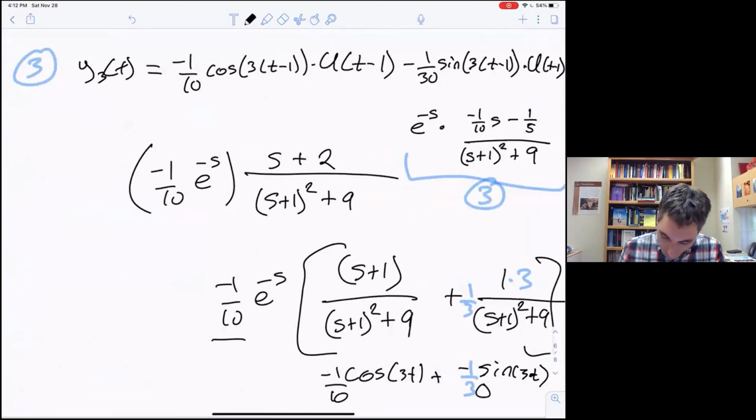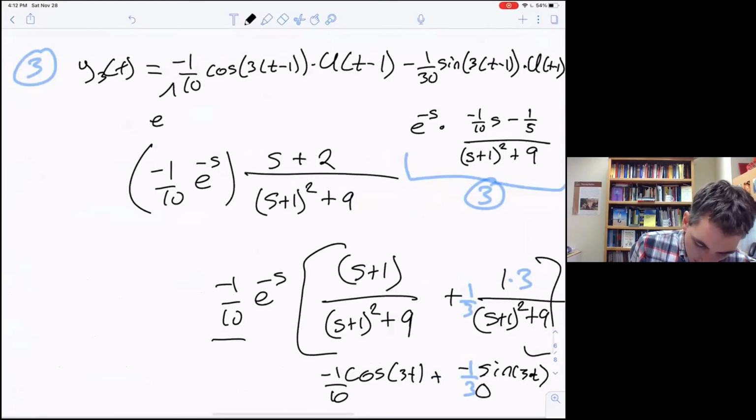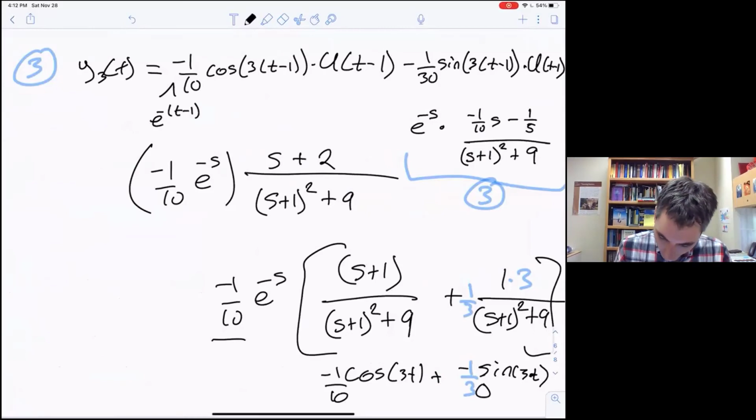Yes. Oh, I forgot. So when you have s plus 1, that's telling you it's e to the minus t. So all of this needs, caret here, e to the minus t, but t is going to be replaced with t minus 1 there.